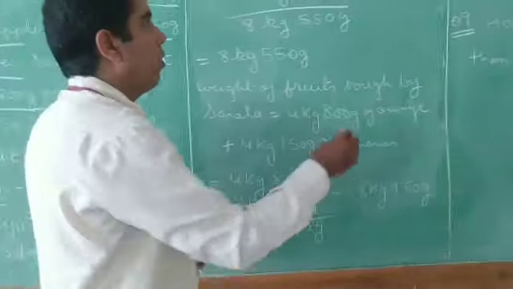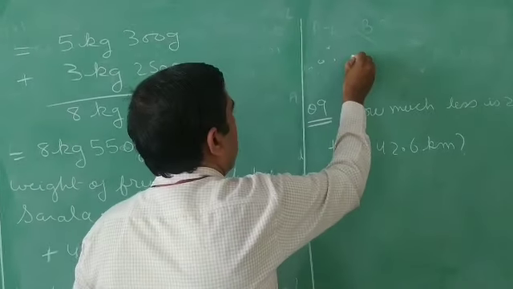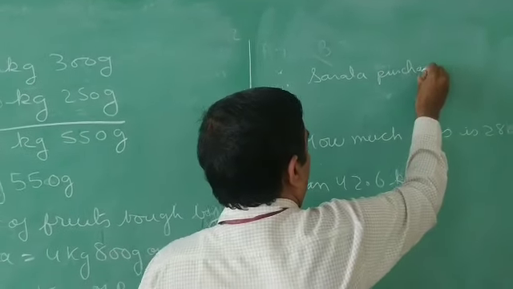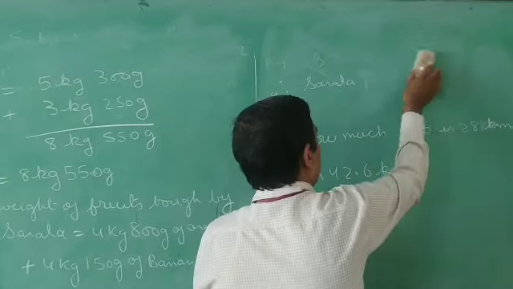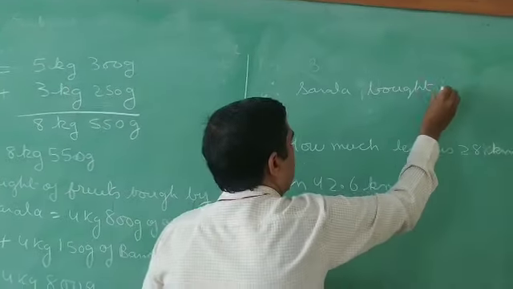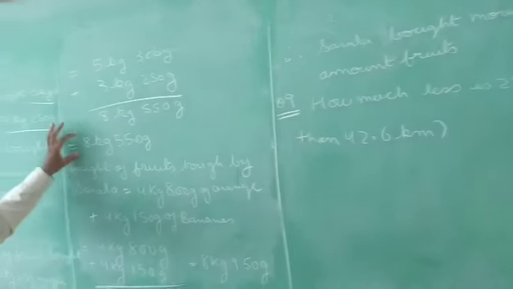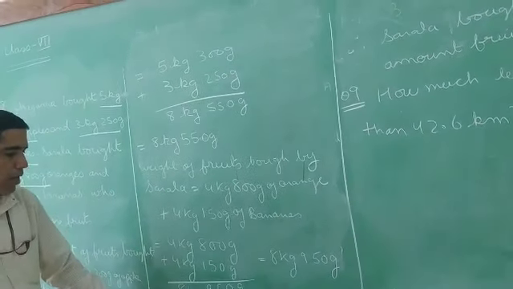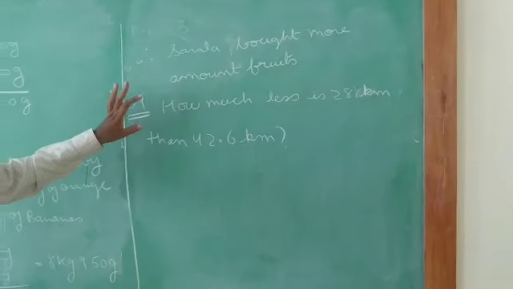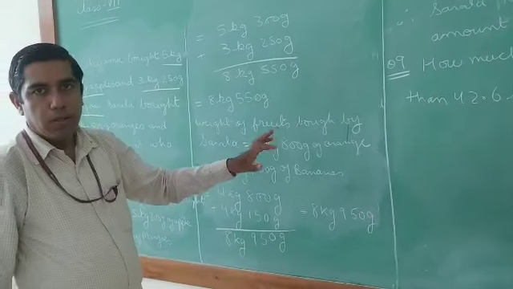So the answer is therefore Sarla purchased or bought more amount of fruits. I think it is clear to you. 8 kg 550 gram and here 8 kg 950 gram. So who purchased? Sarla bought more amount of fruits. It is not asked here how much. So this question completes here.